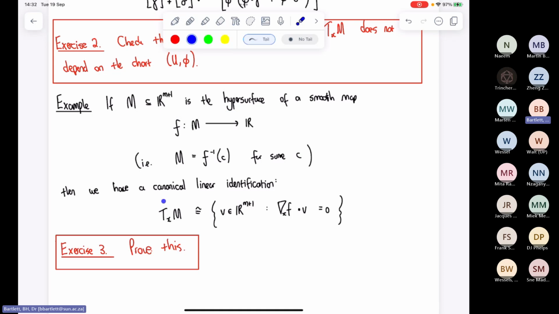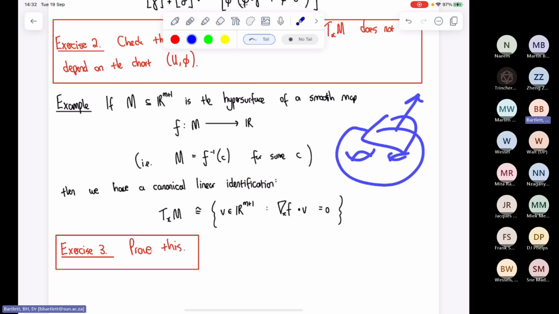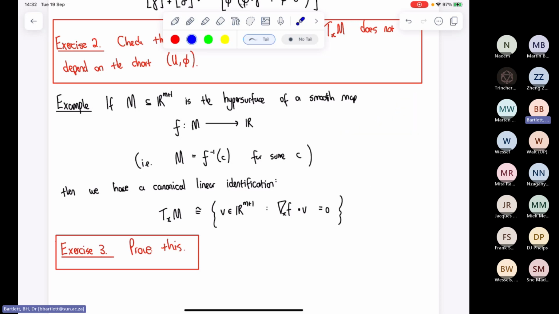You'll find that the tangent space as a vector space canonically identifies with the set of vectors in R^(n+1) which are orthogonal to that gradient vector, right? That made sense. Remember the picture where I was calculating the tangent space and I said it was the vector space orthogonal to the gradient vector? Now I'm essentially stating that formally.